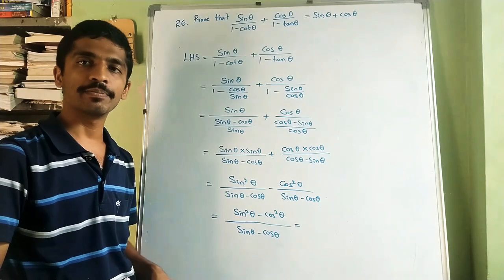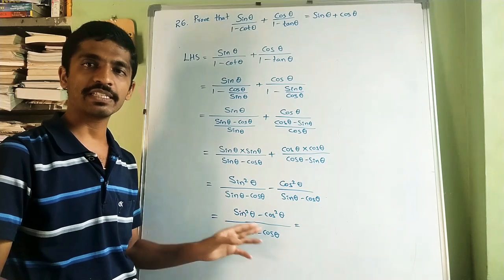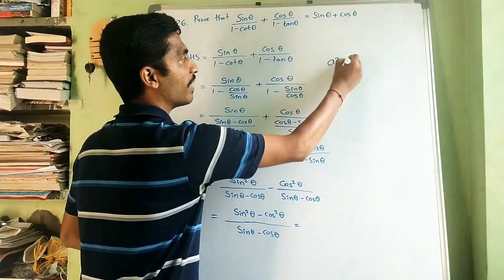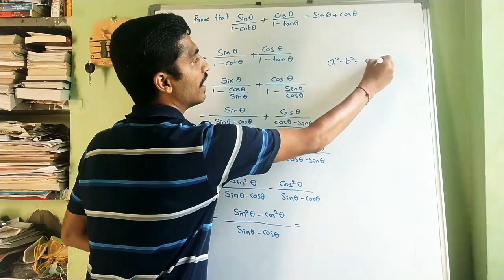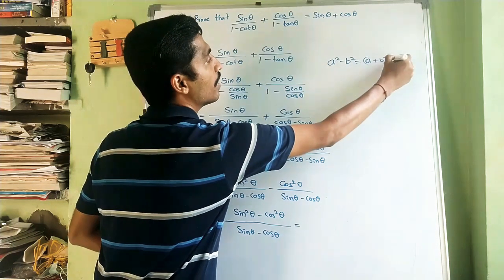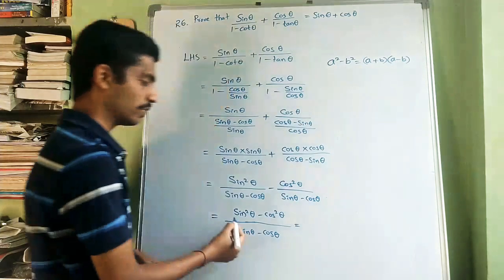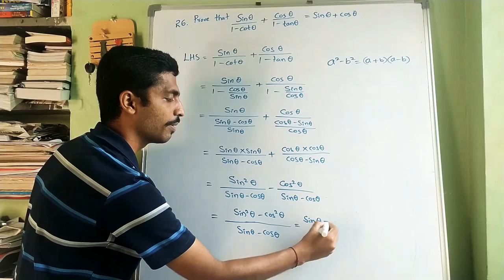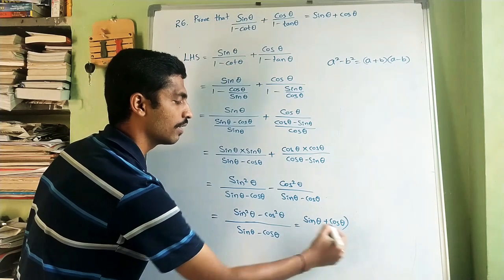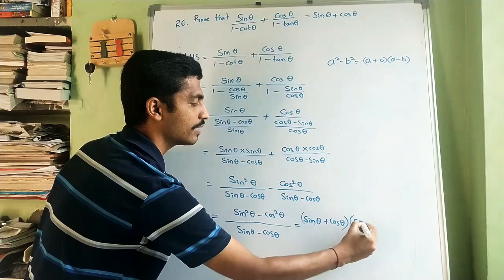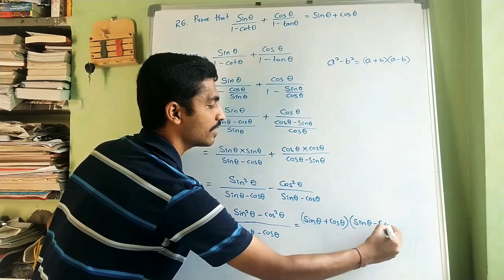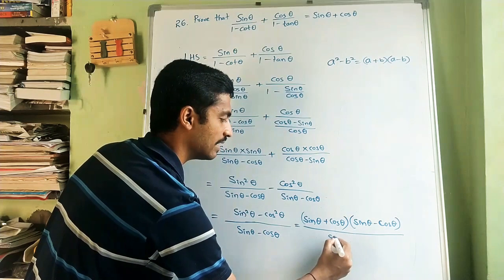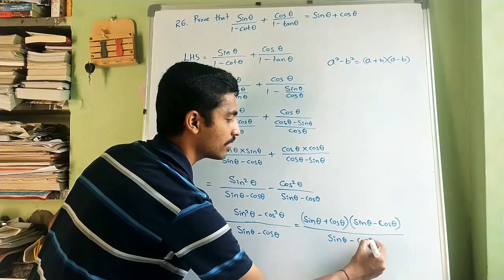A square minus b square is nothing but a plus b into a minus b. Okay, so sin square minus cos square, I will write as sin theta plus cos theta into sin theta minus cos theta, whole divided by sin theta minus cos theta.